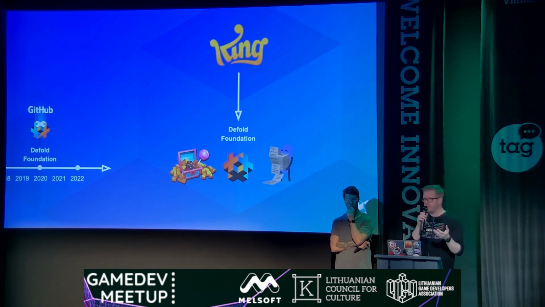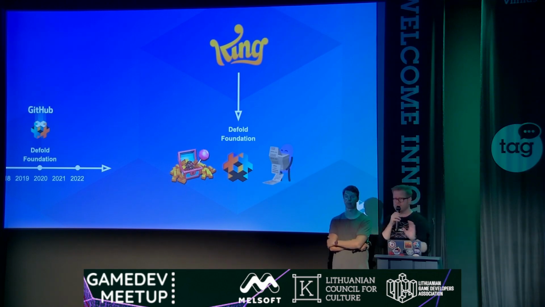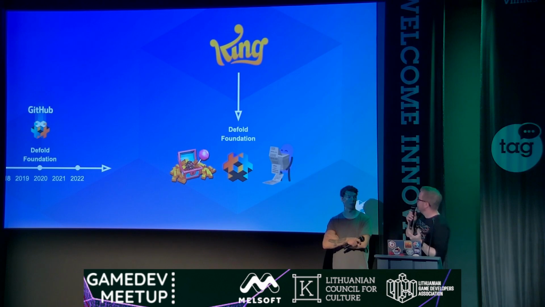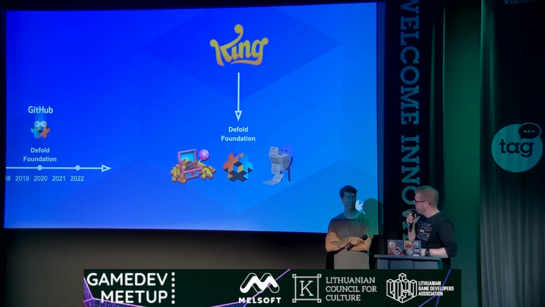And they transferred all the rights to the trademarks and the source code to this foundation. So the Defold Foundation is now a separate legal entity. It has nothing to do with King anymore. And from there on, we've taken this on as a new project, so to speak, away from King.